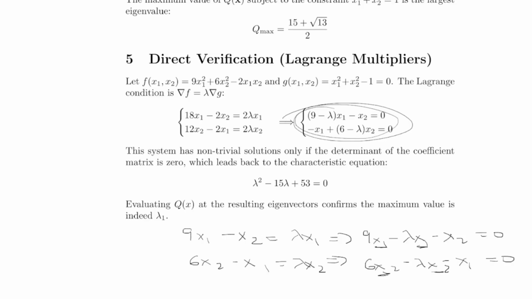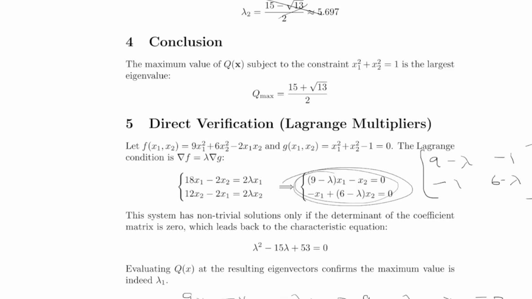So when we find the determinant, it'd be 9 minus lambda, negative 1, 6 minus lambda. So it's the same matrix, and we set this equal to 0. Basically we end up with the same steps as above. So the final answer is going to be 15 plus root 13 all over 2.